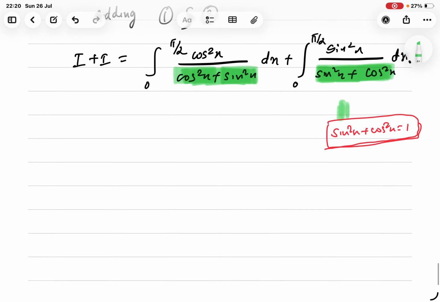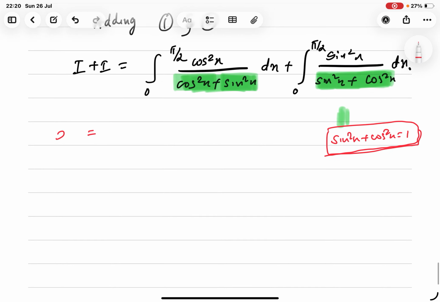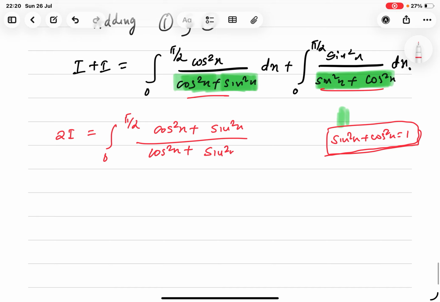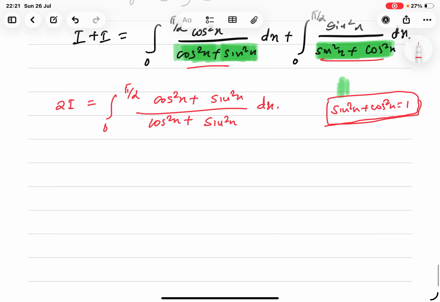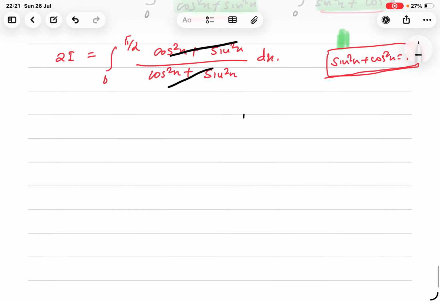So what is the numerator there? That is nothing but 2I equals integral from 0 to pi/2 of cos square x plus sin square x. The denominator is also the same, cos square x plus sin square x with respect to x. Now you can cancel them since both are the same, and their value is 1.